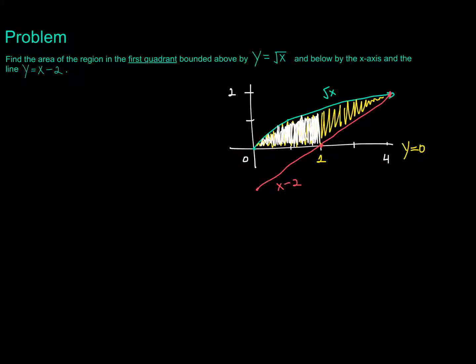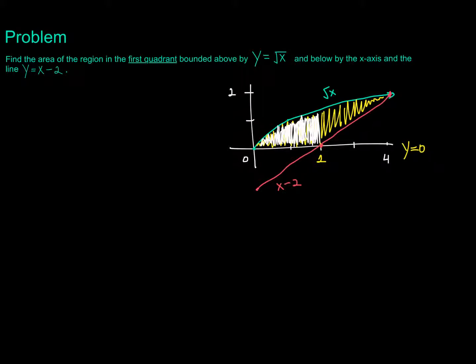And then continuing on past x equals 2, I can see that if I were to draw a rectangle and look at the height of those rectangles, it would be square root of x minus (x minus 2). That would give me the height all the way from x equals 2 to where they intersect at x equals 4. And so there I'm going to have a separate integral that will compute this area that is still in yellow.